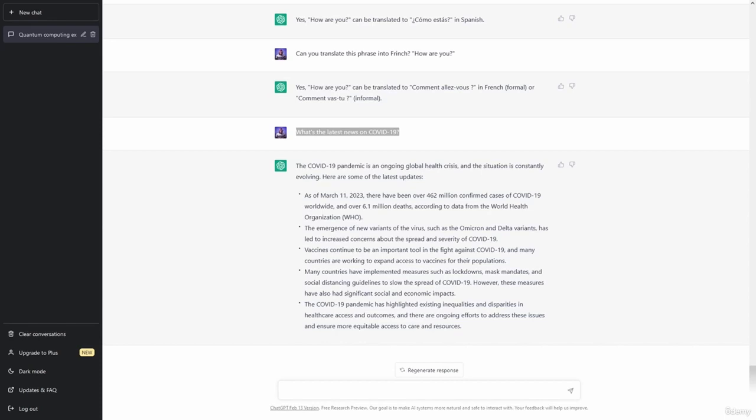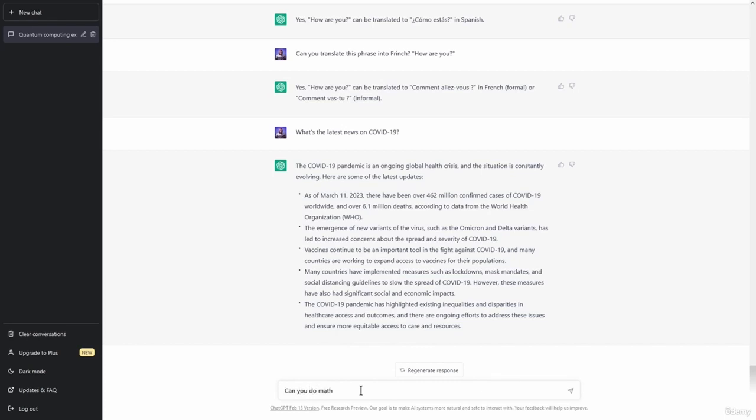So just again to keep in mind the fact that the information that you will receive could be partially correct and could have some information that is correct, while the rest of the information could be incorrect. So let's start by asking ChatGPT to tell us what 2 plus 2 is.